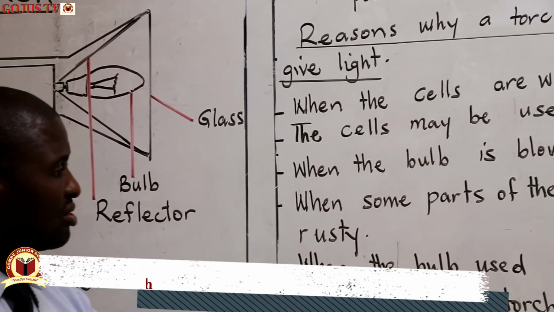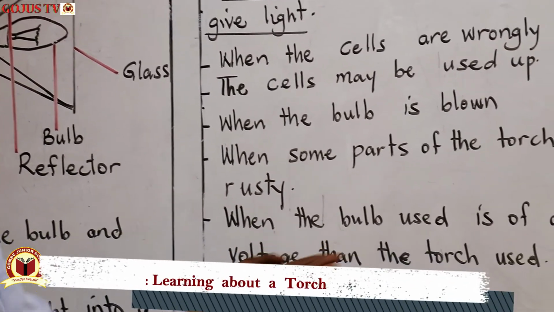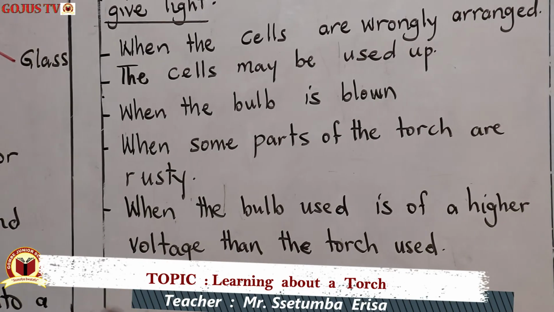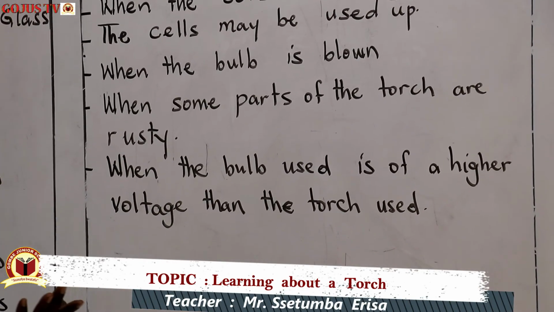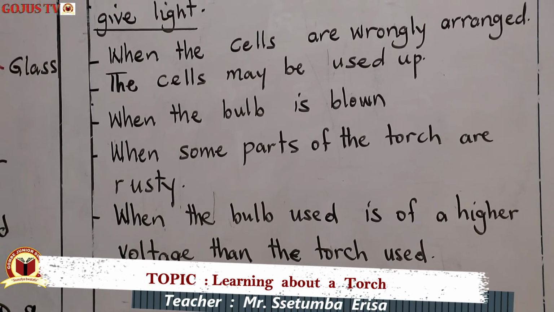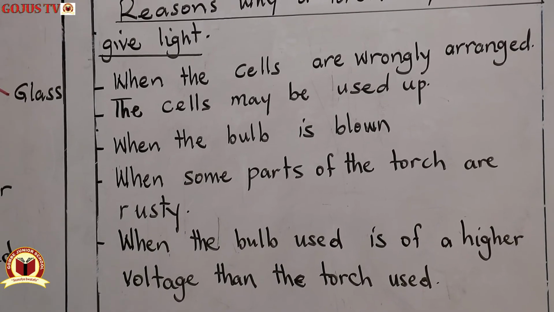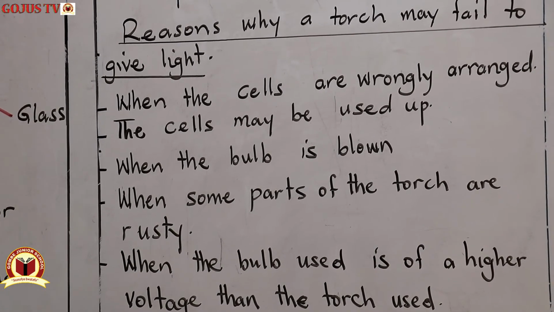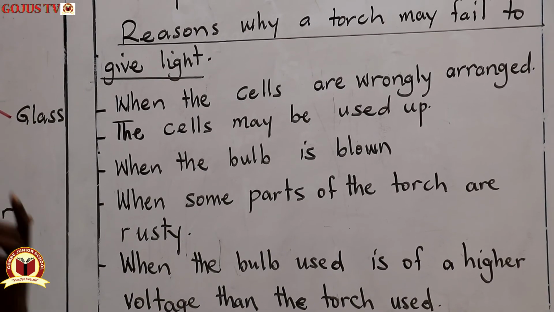When the bulb used is of a higher voltage than the torch. The torch might be in use of 3 volts, and then you put a bulb that requires 6 volts, definitely the bulb will not give light. So these are some of the reasons why a torch may fail to give light.